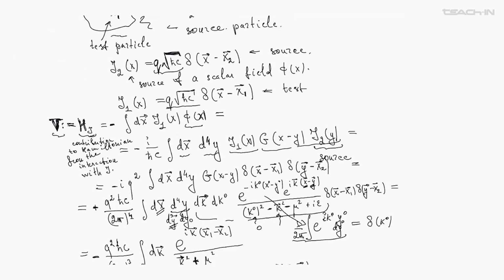I mean, of course, this computation can be repeated for electromagnetism, and this is something important. This is something which we'll probably also do at a certain point, to repeat this computation where, instead of a scalar field, we have a mediation by electromagnetic field.